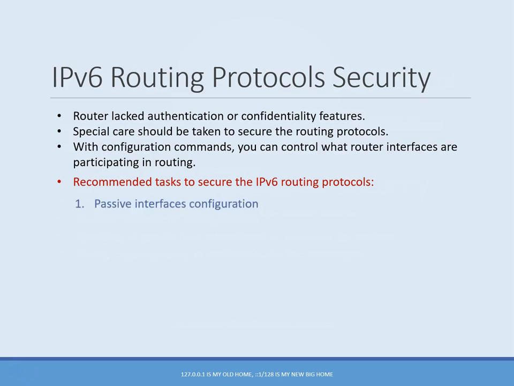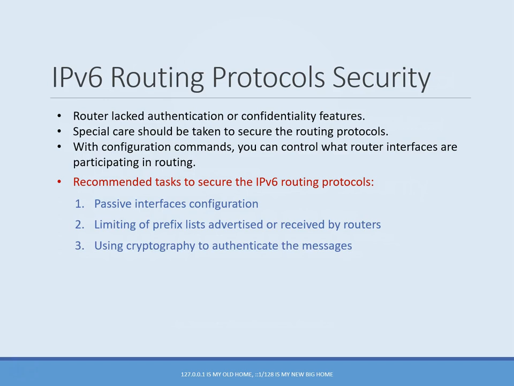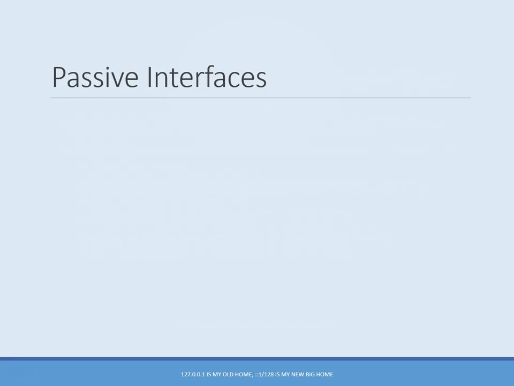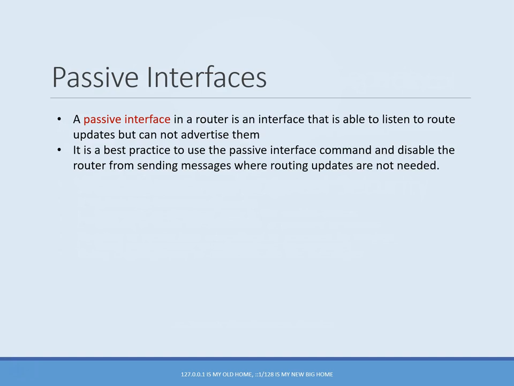Number one, passive interfaces configuration. Number two, limiting the prefix list advertised or received by routers. And number three, using cryptography to authenticate the messages distributed or exchanged among the routers inside the network. Let us start with the first recommendation, which is passive interfaces.